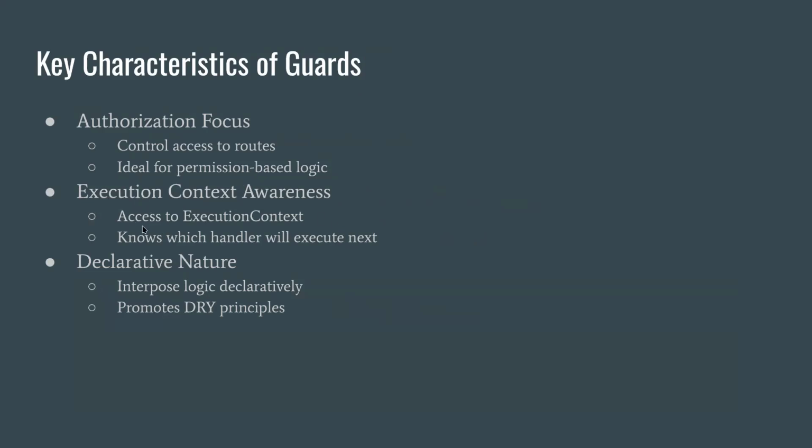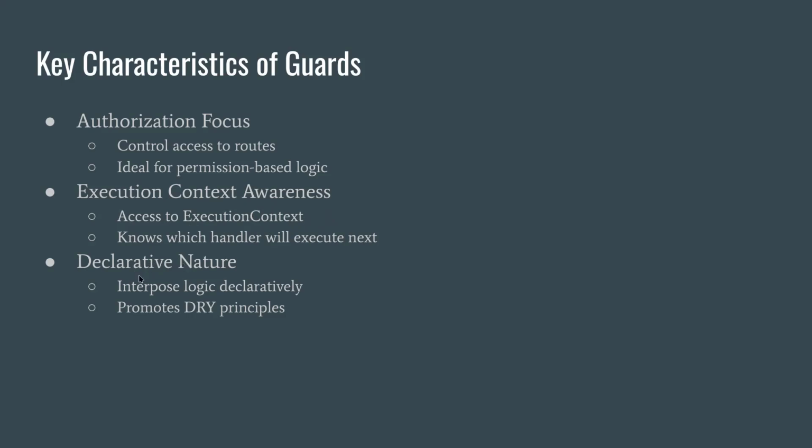Second, guards have access to the execution context. This is a significant advantage over traditional middleware because it allows guards to know precisely which handler will execute next, giving them more contextual information to make authorization decisions.